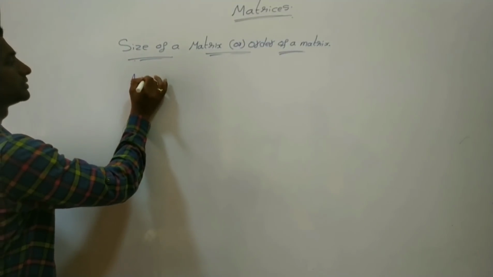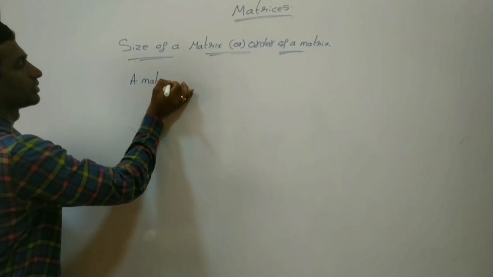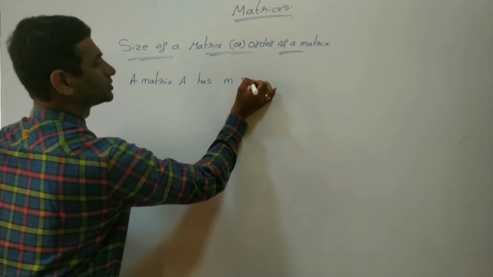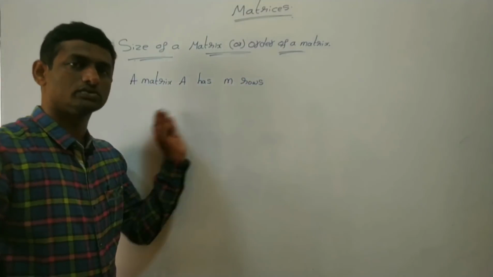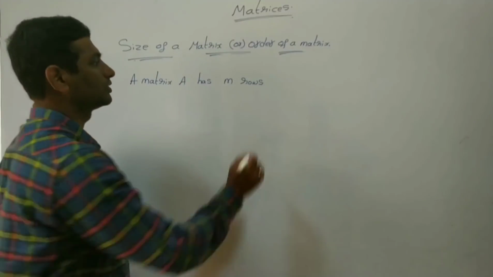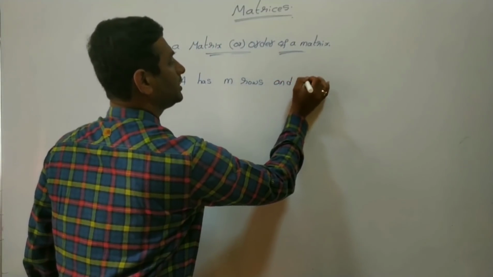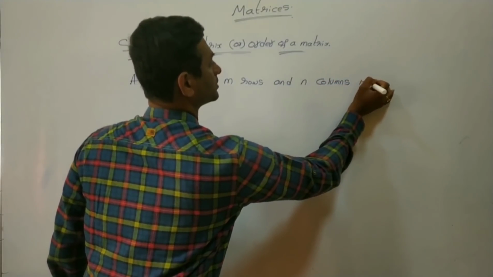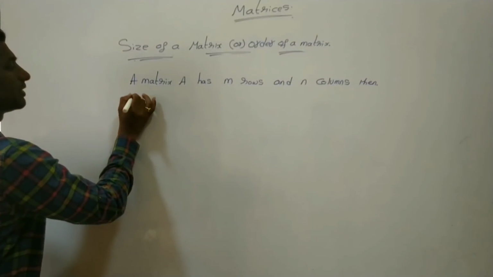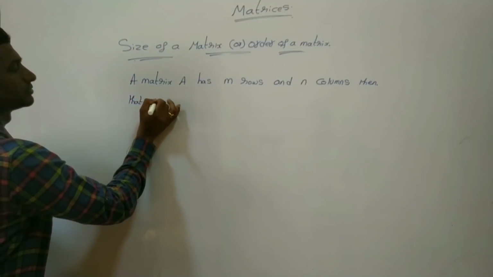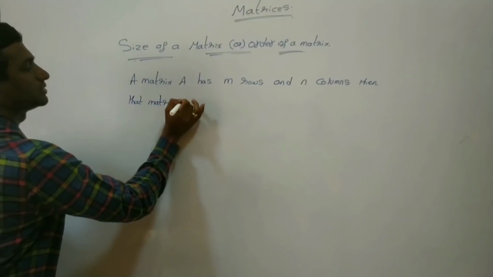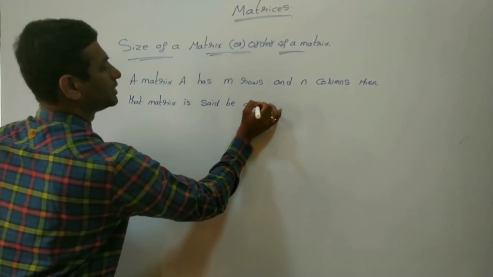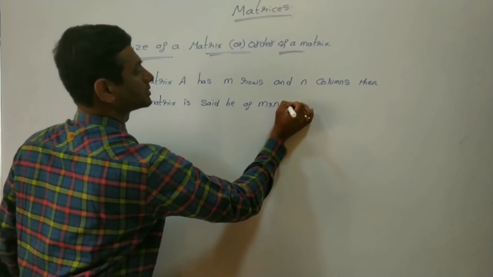Suppose a matrix A has m rows, like first row, second row, third row and mth row, and n columns, then that matrix is said to be an m by n matrix.